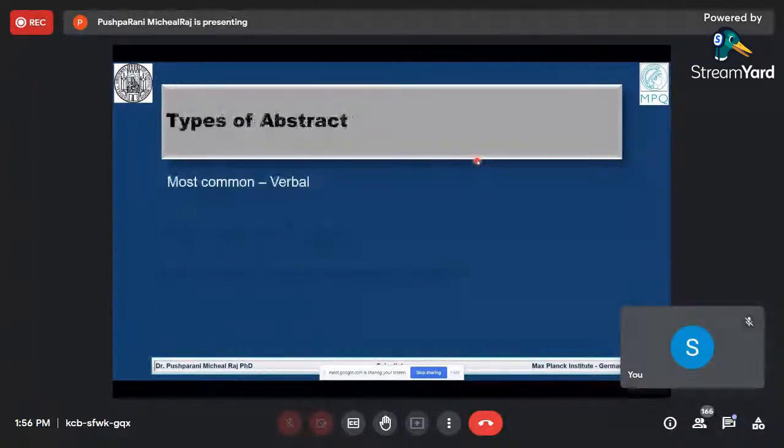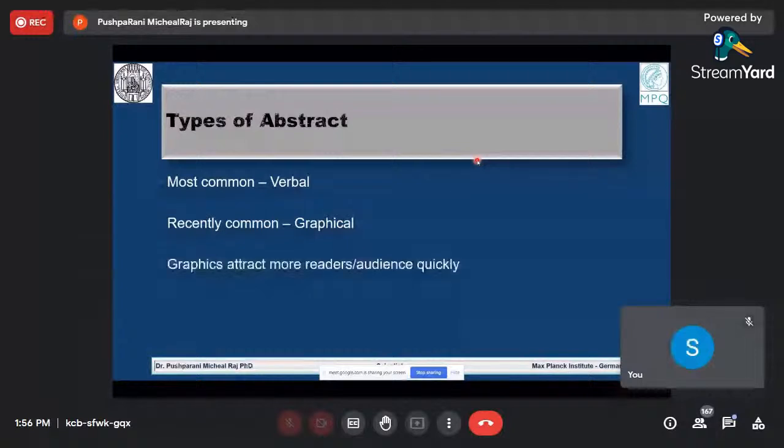So what are the types of abstract? It was not so long ago that we got graphical abstracts into publications as well. It is really impressive because somebody is quickly attracted. They look at the graphical abstract, they understand, okay, I like this and I'd like to know what is happening inside.